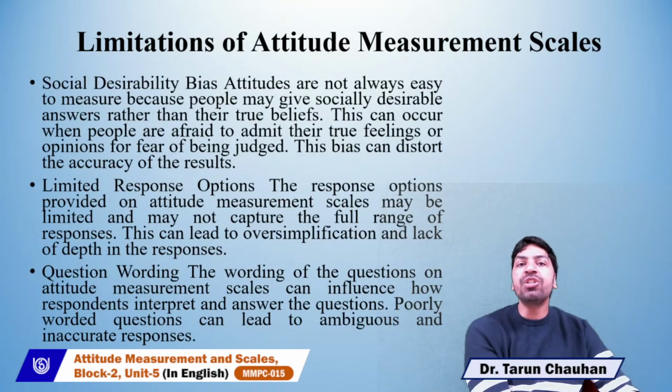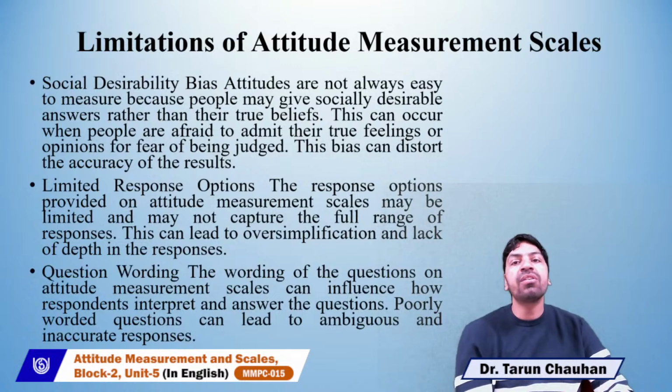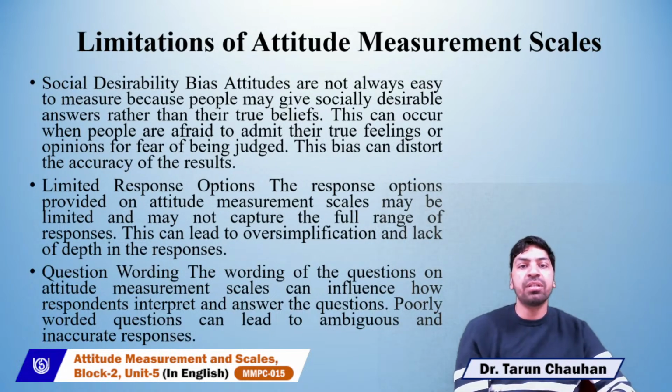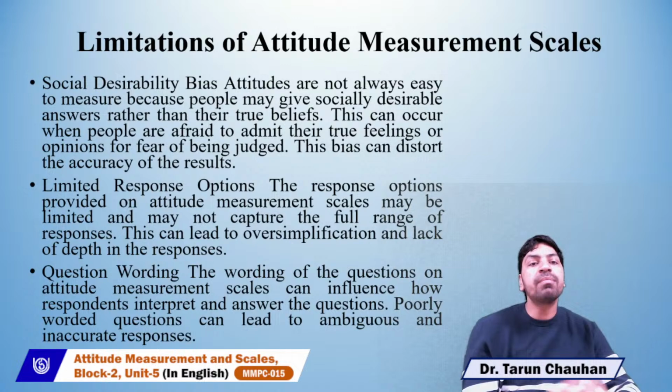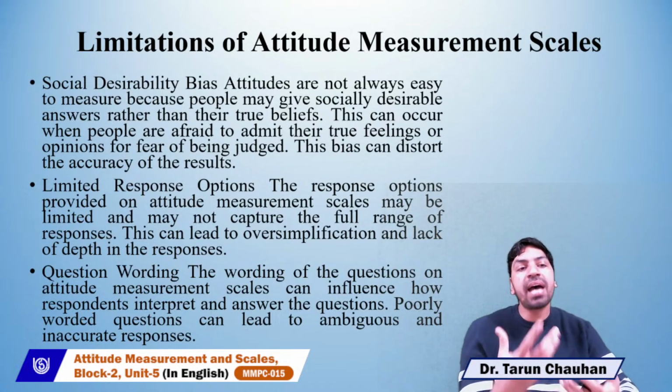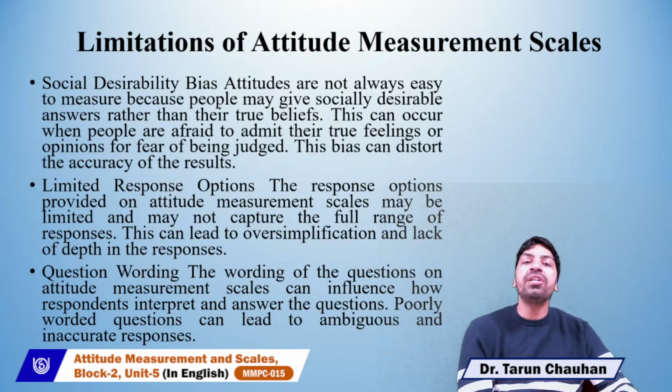Next is the limitations of attitude measurement scales. The first one is social desirability bias, where attitudes are not always easy to measure. Sometimes people may give socially desirable answers rather than their true beliefs.